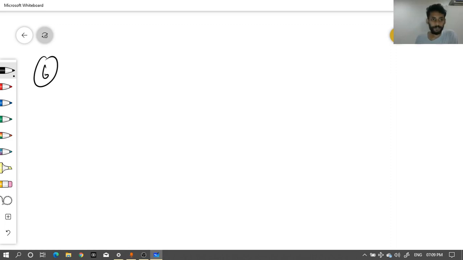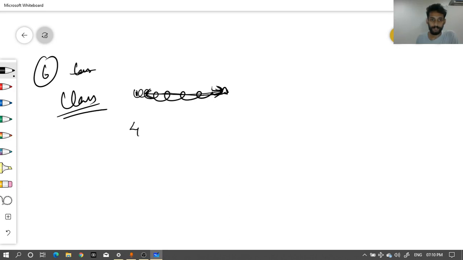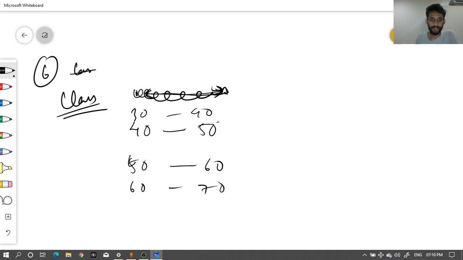Now question number 6. There is something called a class. Class means a range from one point to the other. There are different types of data given in this part. For example, in your class the weights are something like this: 30 to 40, 40 to 50, 50 to 60, 60 to 70. Like this, ranges are given.